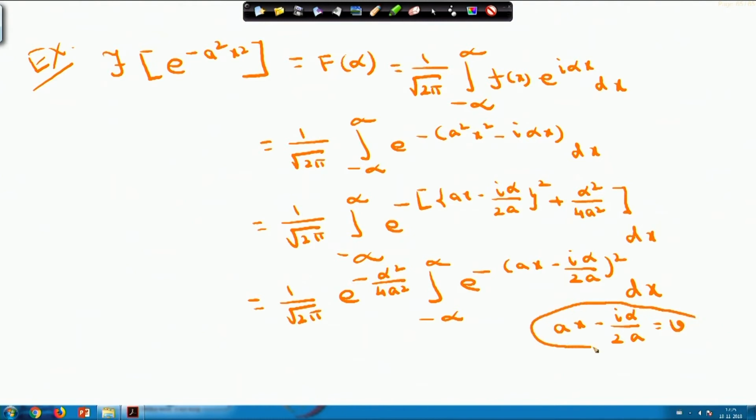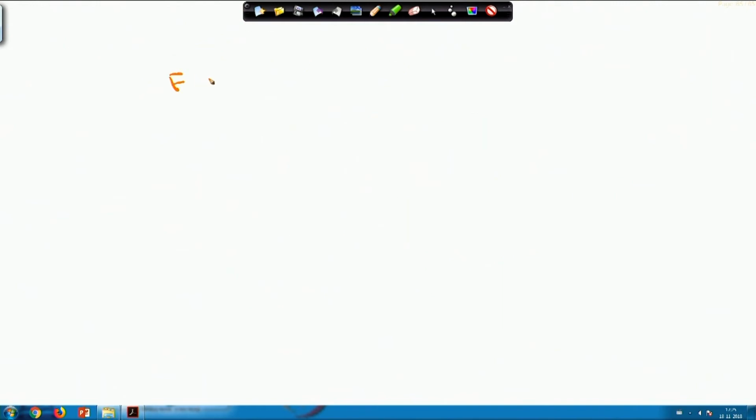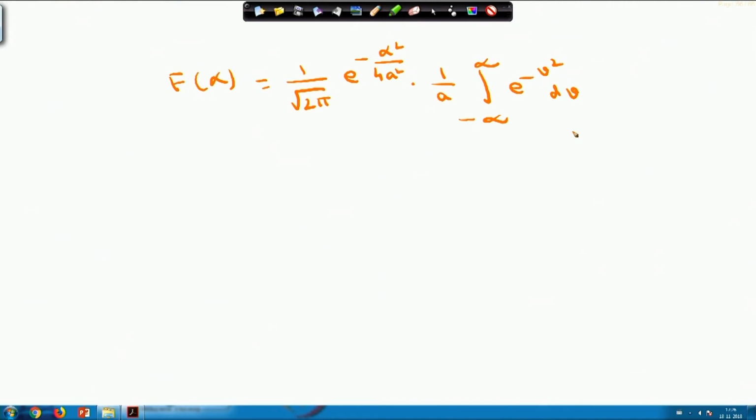I am substituting this, so that I will write down the Fourier transform F(alpha) equals 1 by root 2 pi e power minus alpha square by 4 a square, into 1 by a will come outside, integral from minus infinity to infinity of e power minus v square dv.